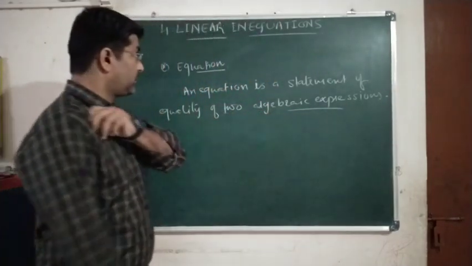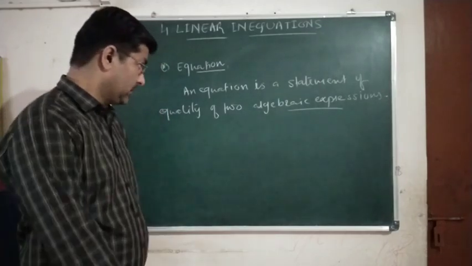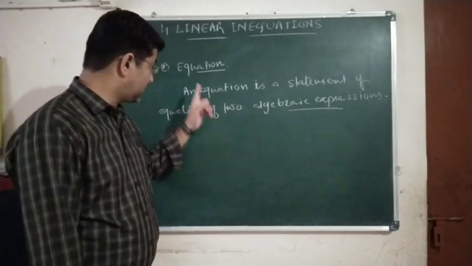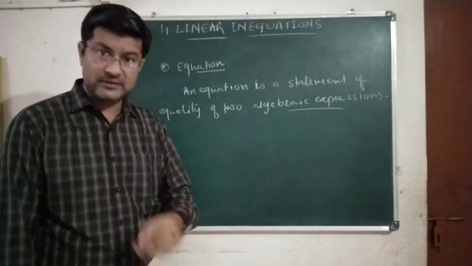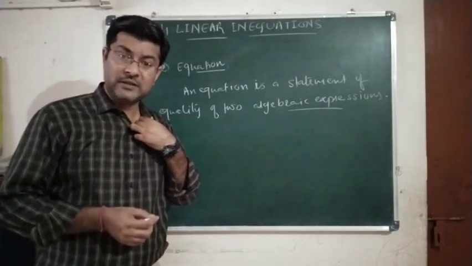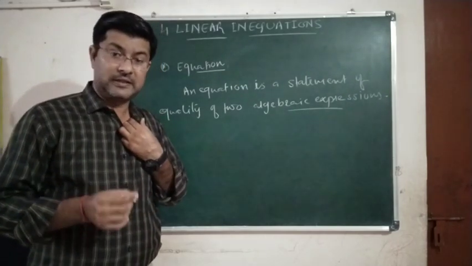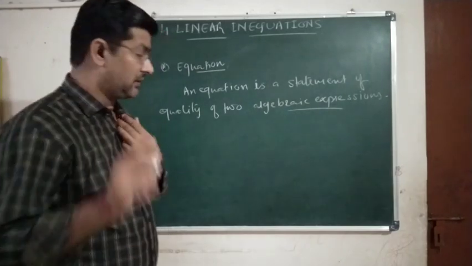Now, what is a linear equation? A linear equation is one in which the degree, that is the highest power of the variable, is 1.